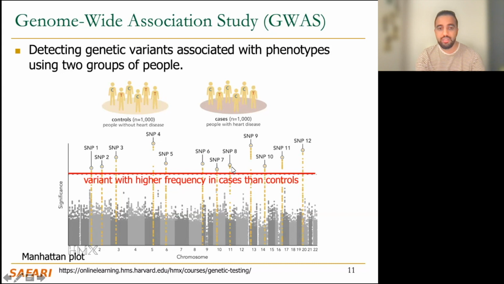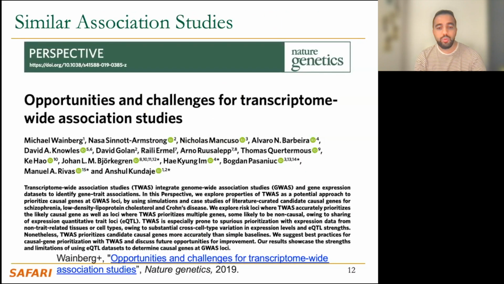in cases than control. Now, there are other studies done with large groups of people, such as transcriptome-wide association studies. So I suggest everyone read this paper if you are interested in knowing more about other studies.